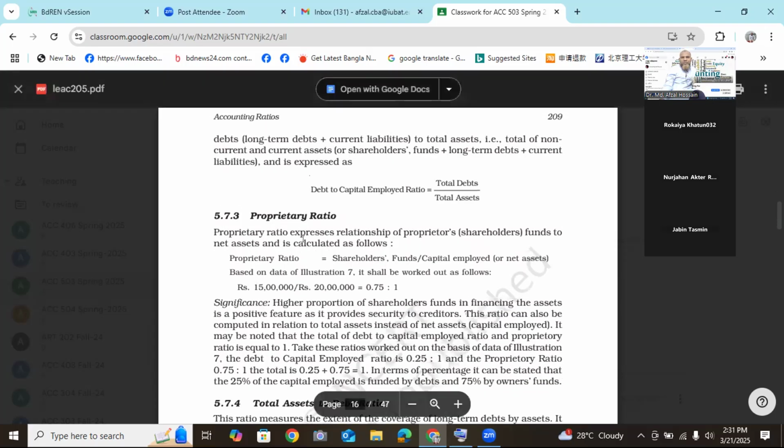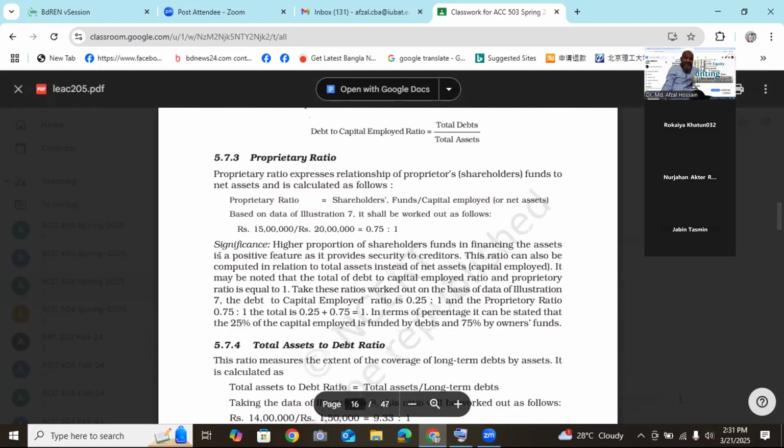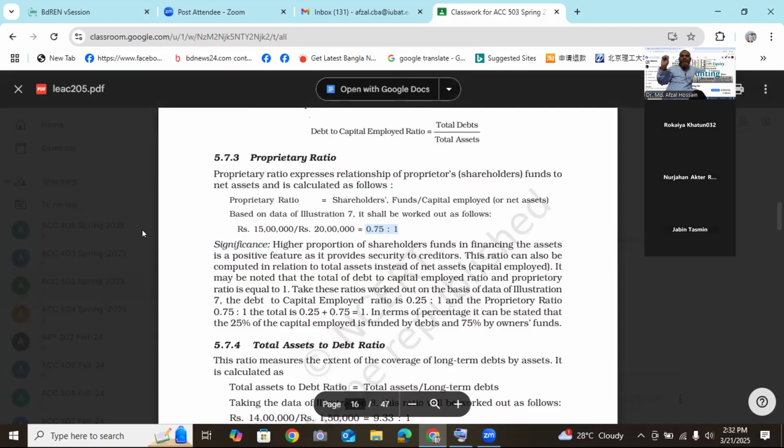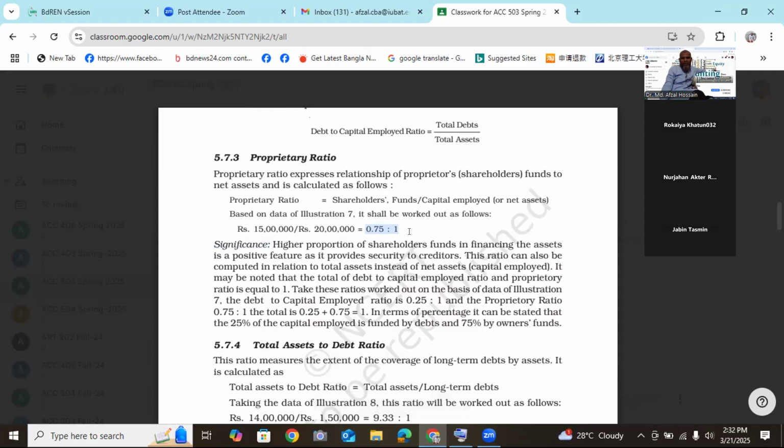What is the significance of the proprietary ratio? You can compute the formula, no problem, but the problem is to analyze and interpret the result in a rational manner.